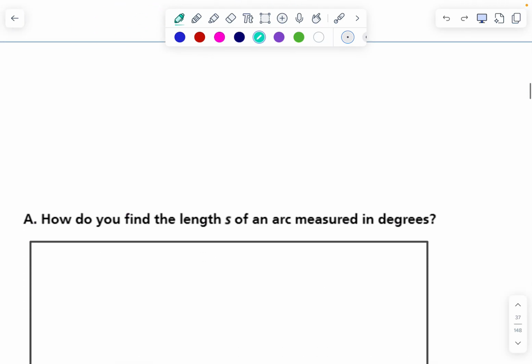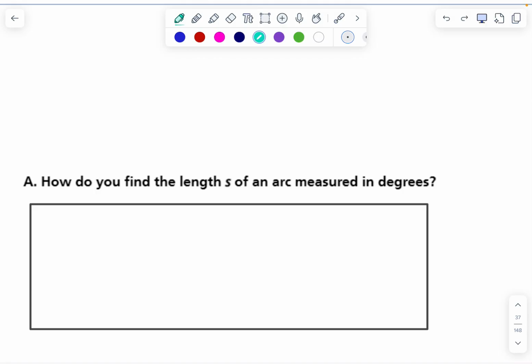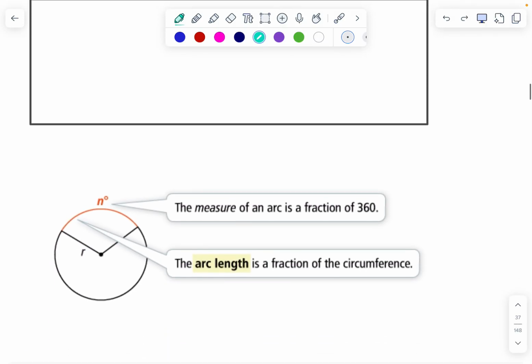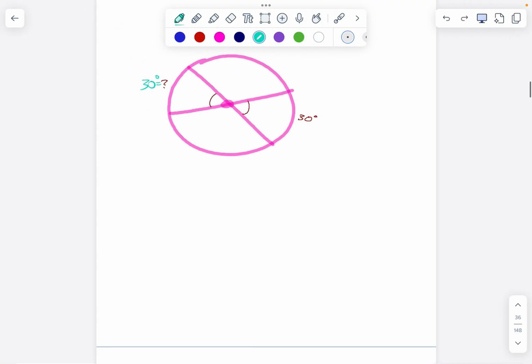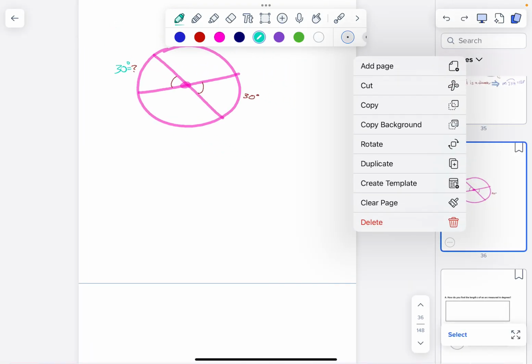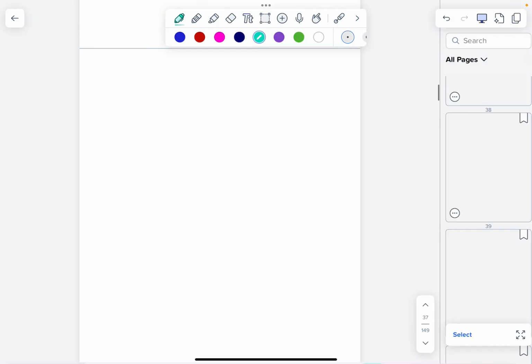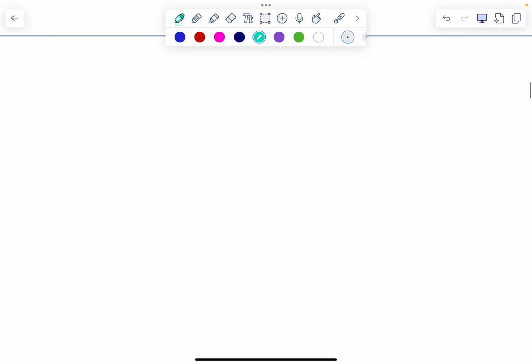Okay, we can also do these. I don't know if I have one of these. I don't, so let me put one on here. We can also do this kind with algebra in them, as usual with our math.